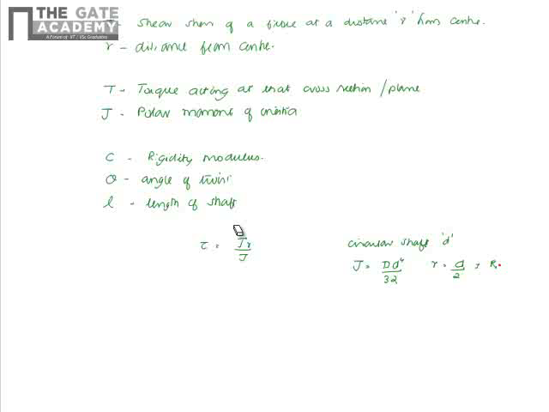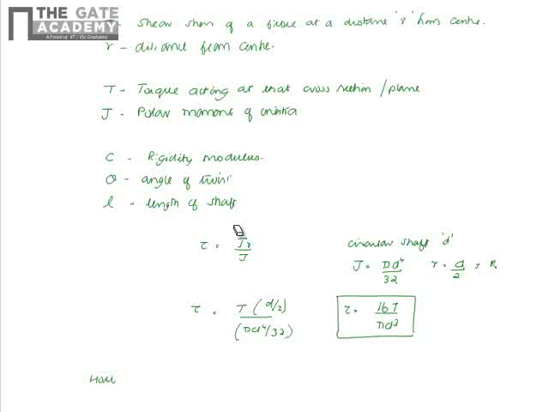R is the distance of the maximum stressed fiber from the center, that will be equal to d by 2. So, substituting these values, we get tau is equal to T into d by 2 divided by pi d raised to 4 by 32. This will be given as tau is equal to 16 T by pi d cube. This is the shear stress coming in the shaft at a cross section where the torque is T and D is the diameter of the shaft.